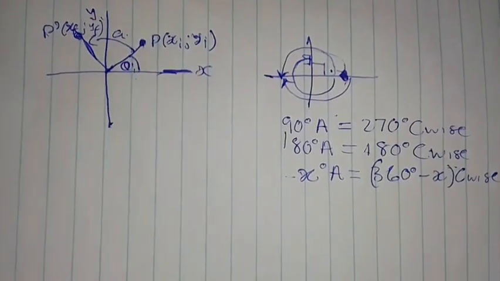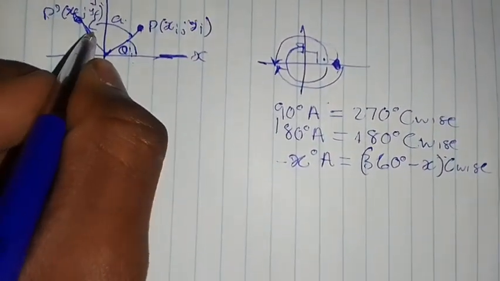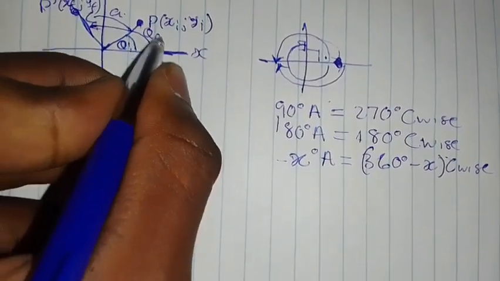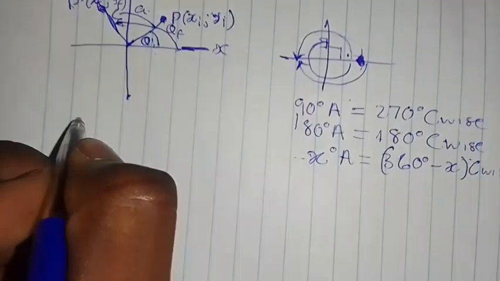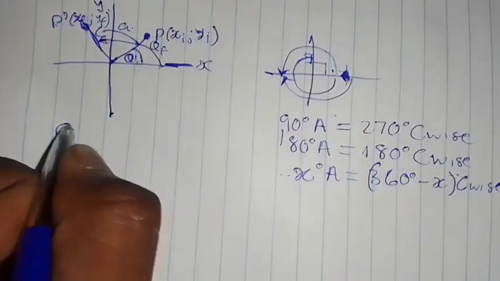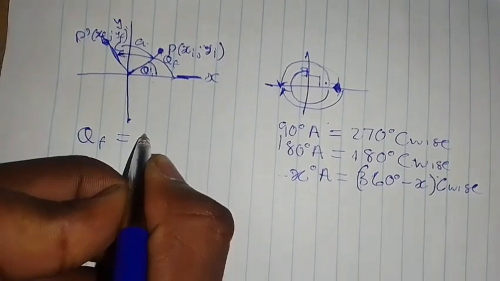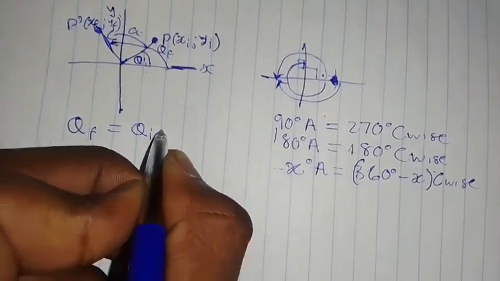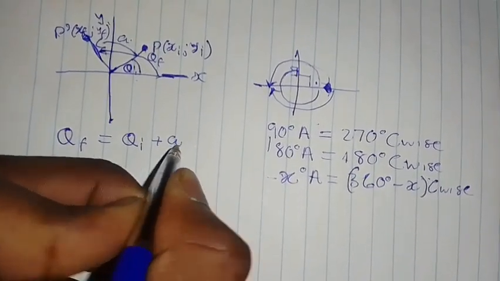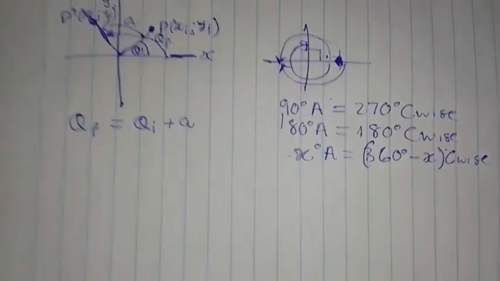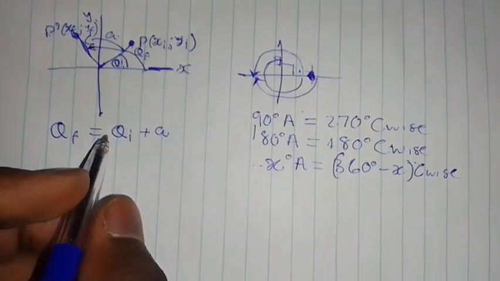The whole of this angle is theta final. So theta final is the same as the initial angle plus the rotational angle, measured anti-clockwise.